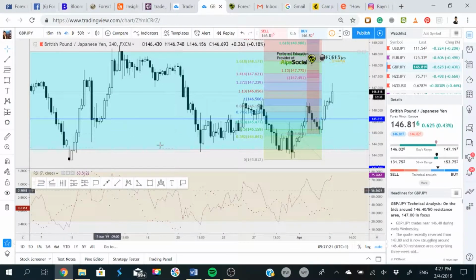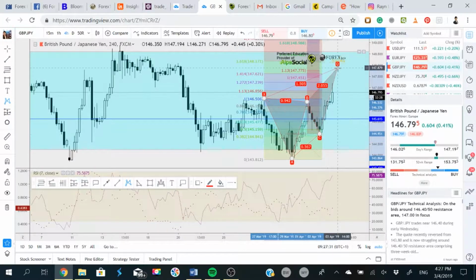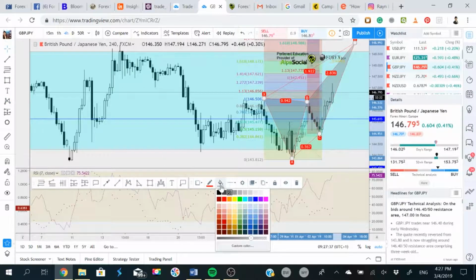Alright, so got it. Okay, so what pattern have you spotted, guys? Shout it out. A deep crab pattern. Alright, so harmonic pattern traders, take note of this.